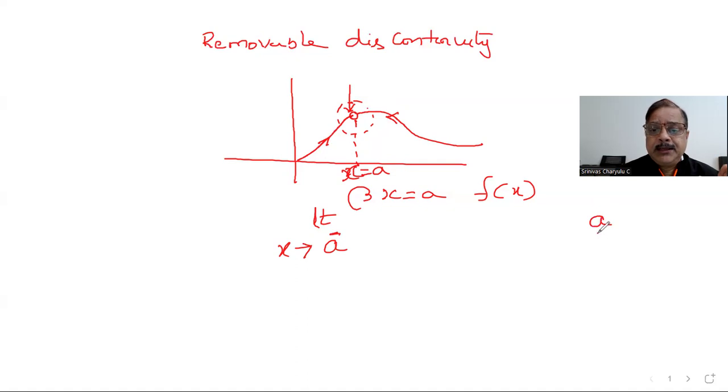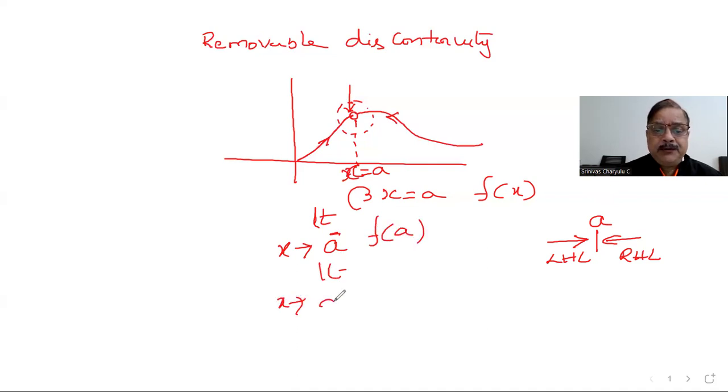If this is a, I will be coming to a from this side and from this side. This is called traveling from left side. This is called left hand side limit. This is called as right hand side limit. Towards from both sides, I will be approaching a and then calculate f of a. Limit x tends to a plus f of a. One is LHL, other is called RHL. So both the values I'll compute.